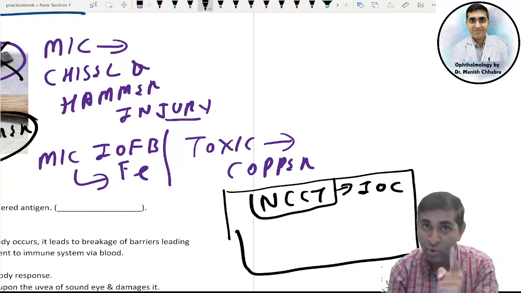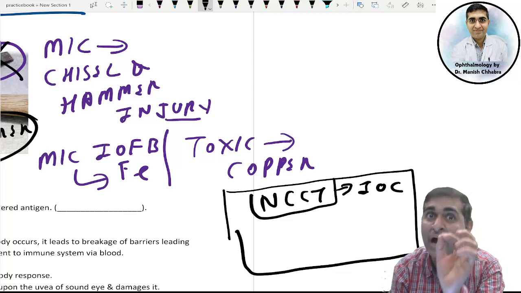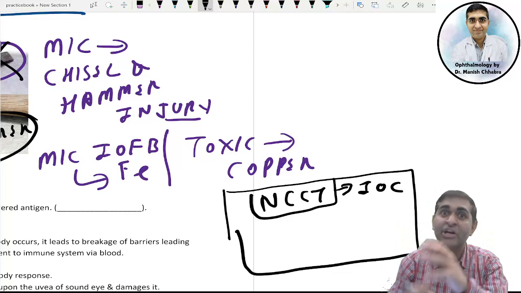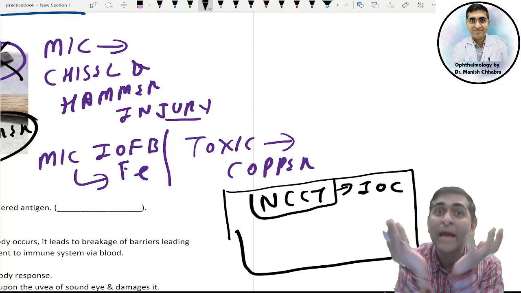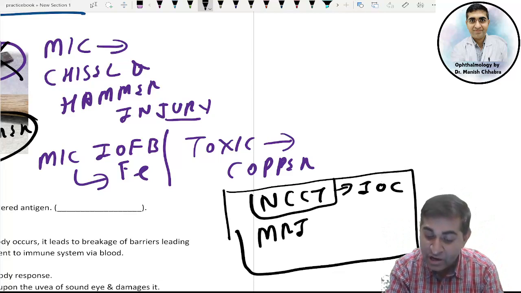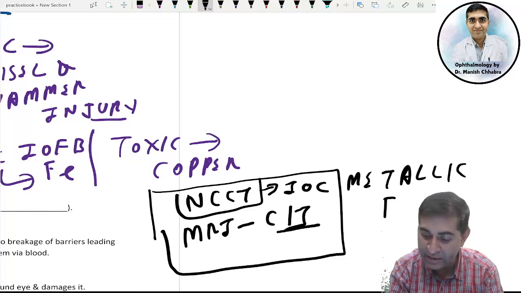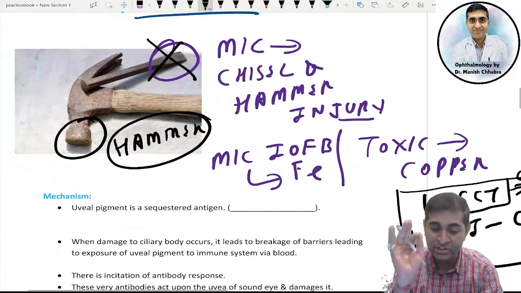But no, if there is a metallic foreign body and you go for MRI, the metallic foreign body will rotate, it will move intensely inside the eye, leading to damage to intraocular structures. So MRI is contraindicated in case of metallic foreign body. But the investigation of choice remains NCCT.